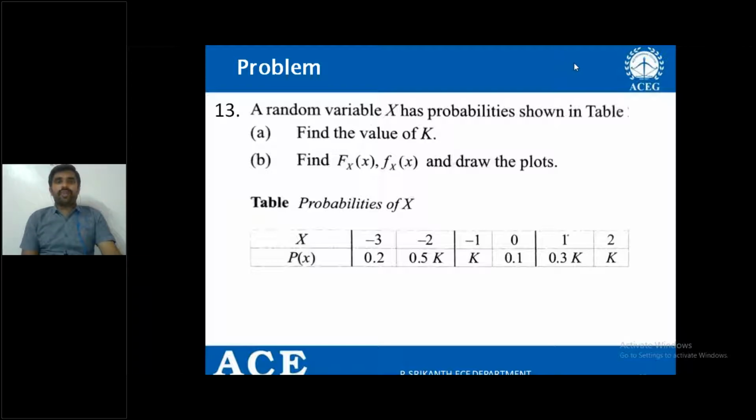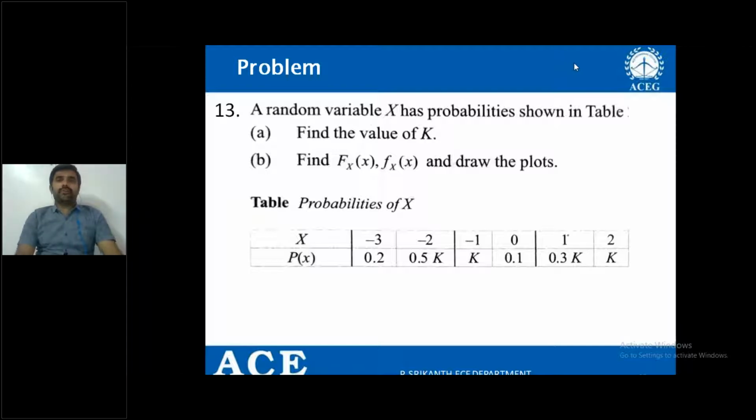For the random variable x, the elements are -3, -2, -1, 0, 1, 2. And the corresponding probabilities are given as 0.2, 0.5k, k, 0.1, 0.3k, and k. Right? So now let us see how to find the value of k.